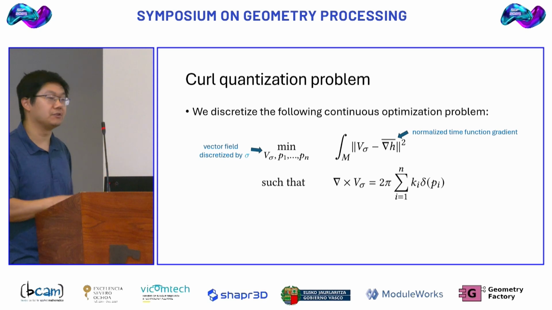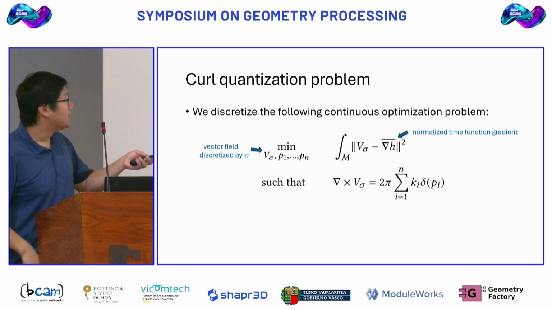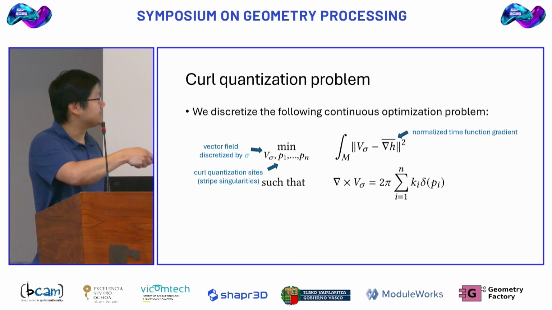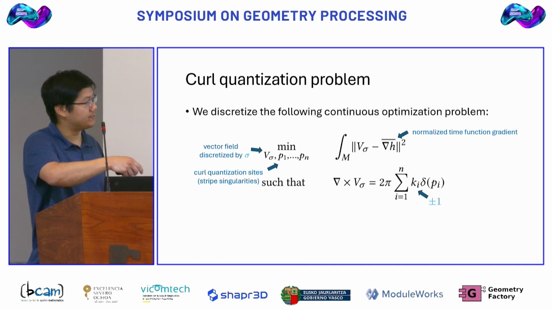Because that was how the user told you, here's how I want the pattern to look locally. And the other variables here are specifically where you place the singularities, these curl quantization sites. And this last constraint is specifying that curl quantization. The curl in particular is a sum of deltas, times the period and some integer, usually plus or minus 1.